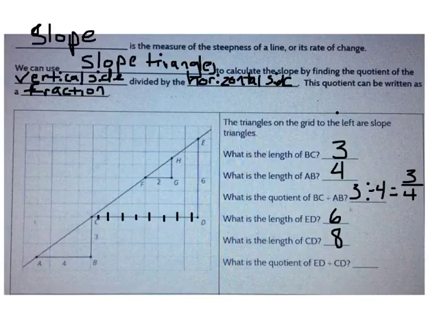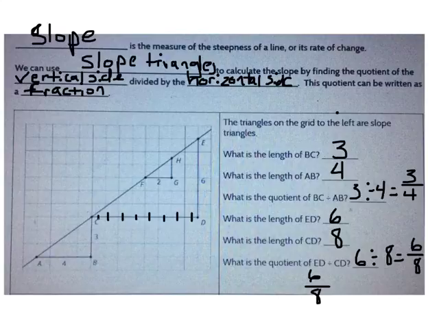What's the quotient of ED divided by CD? Or what's 6 divided by 8? Go ahead and write that as a fraction. 6 divided by 8 is the same as 6/8. I know that I can simplify 6/8. What's the largest number that I can divide both 6 and 8 by? It's 2.